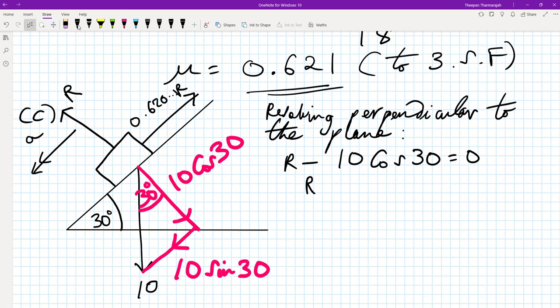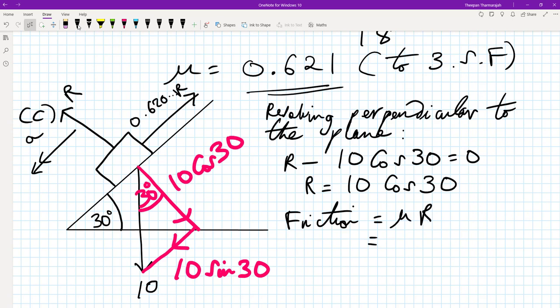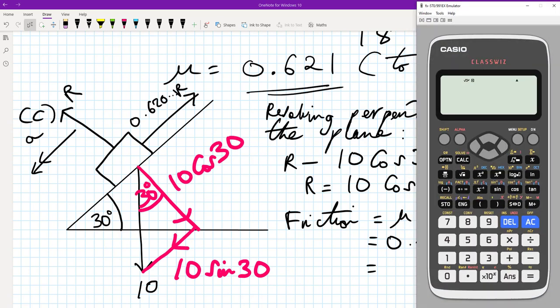So we can say R equals 10 cos 30. But friction is equal to mu R. Now we worked out mu from before, 0.620. Times that by what we got for R, 10 cos 30. So we can work that out on our calculator.